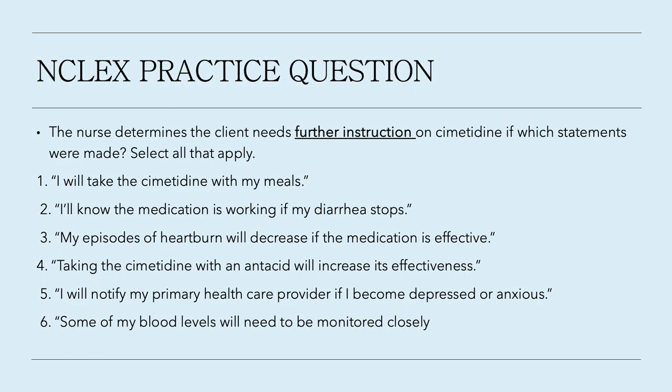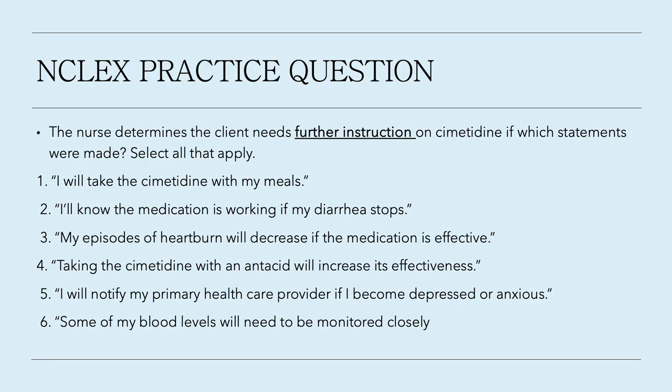So, NCLEX practice question. The nurse determines the client needs further instruction on cimetidine if which statements were made. Select all that apply. Number 1, I will take the cimetidine with my meals. Number 2, I'll know the medication is working if my diarrhea stops.